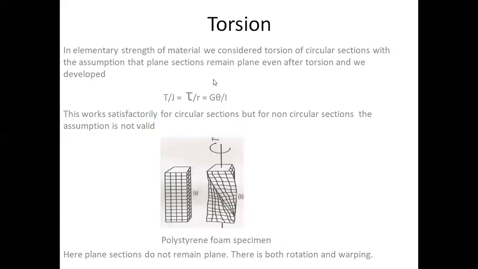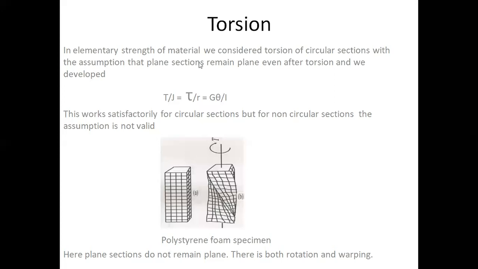So obviously with this experiment and many other proofs, it has been understood that the method followed to develop the equation for torsion for a circular cross section will not apply in this case. So here we have to understand that there is both rotation and warping. This warping was not there in the circular cross section.